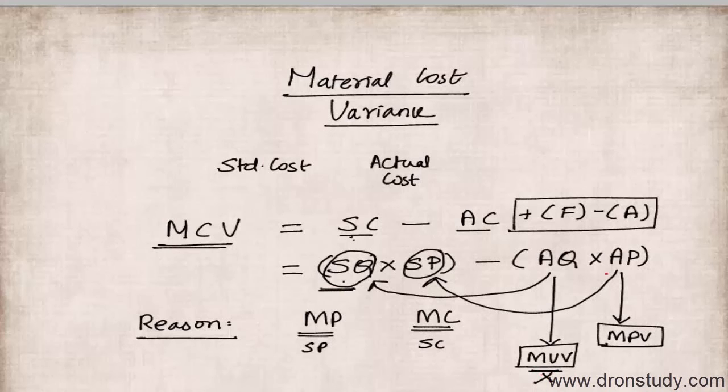Similarly, your actual price may be differing from standard price, so there is a change in the price, and that is called material price variance. So if you want to study the material cost variance, it is possible only when you identify the material usage variance and material price variance, which we will see in the next sessions.